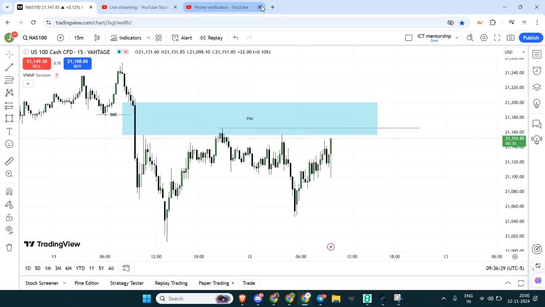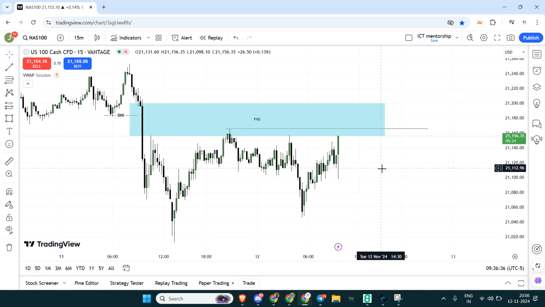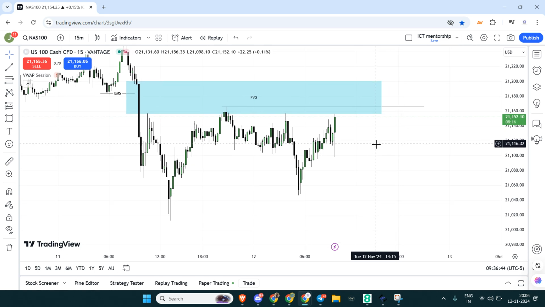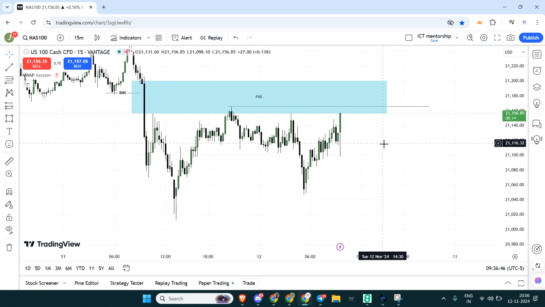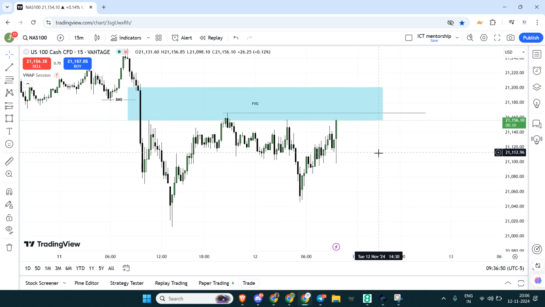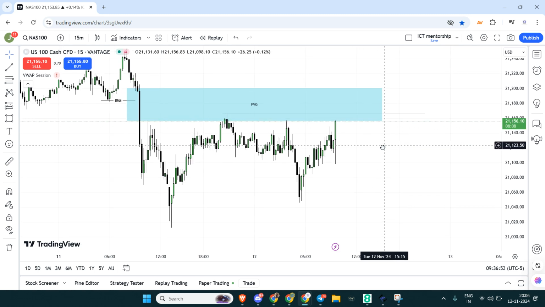Let's watch the movements. So price is almost near our liquidity area.